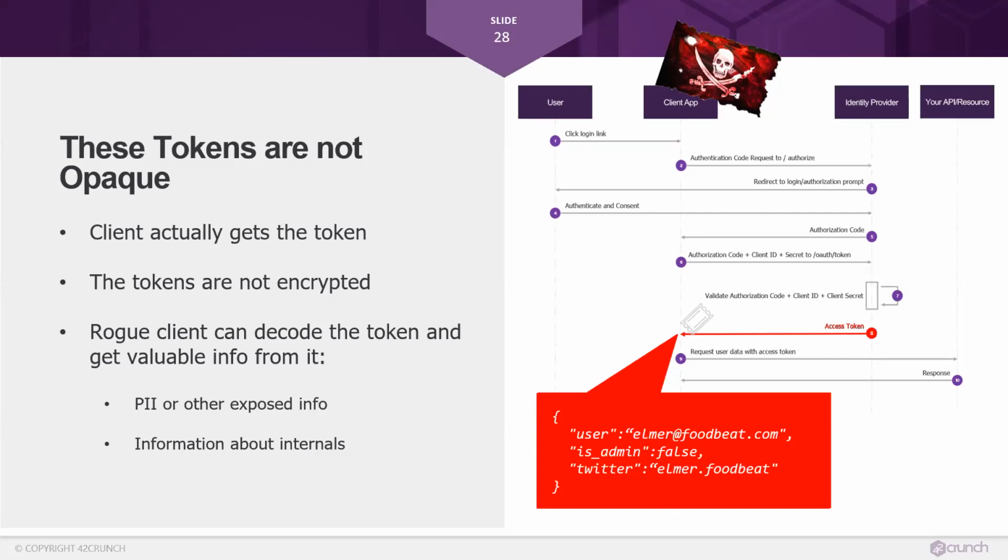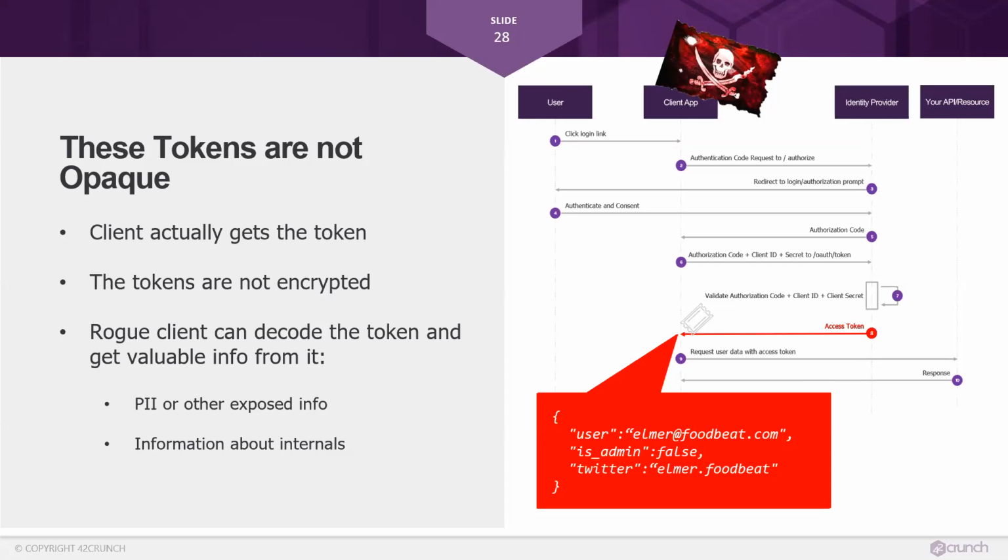And so when you deal with just signed JWT tokens and not encrypted, well, for sure, these tokens are not opaque, meaning that everybody can see what is in the token. So if you put some sensitive information in the token and you don't encrypt it, everybody that can do man in the middle will be able to get the token, basically URL decode it, and retrieve all the information that is in the body of the JWT token.